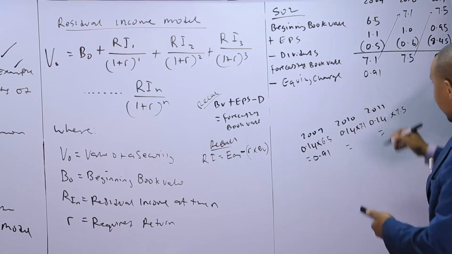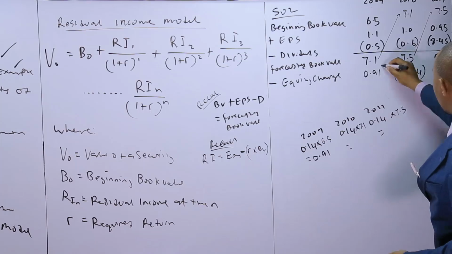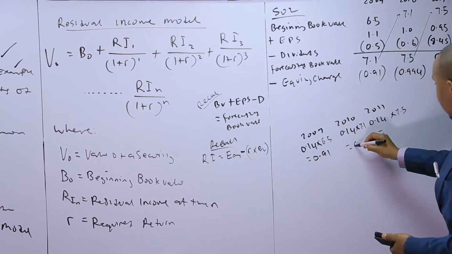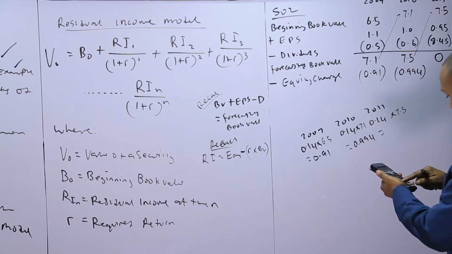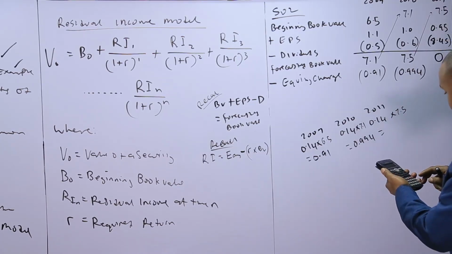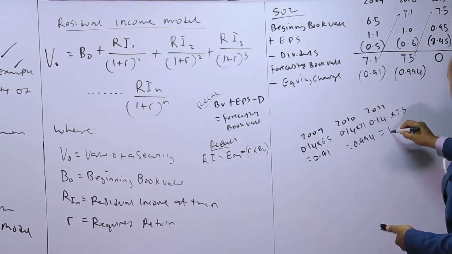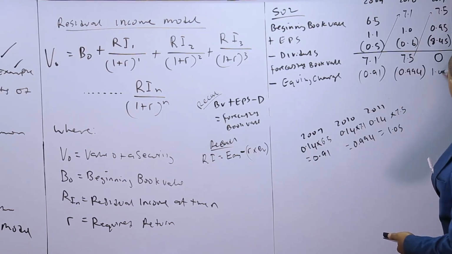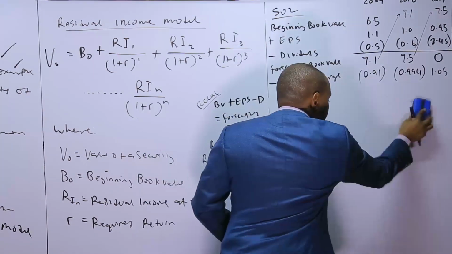We have 0.994, and we are going to less that. Then for 2011, 0.14 multiplied by 7.5, which is the beginning book value, we have 1.05.